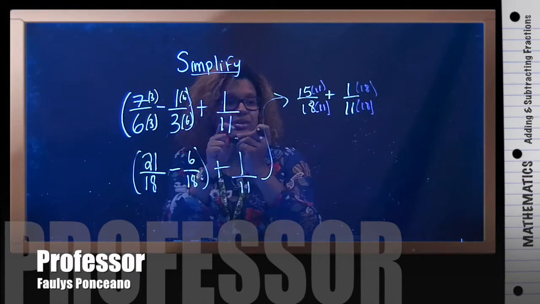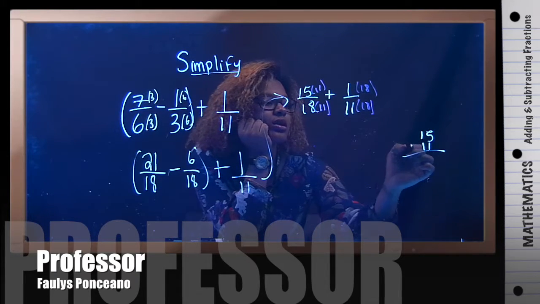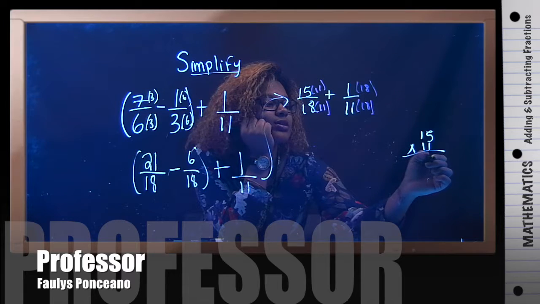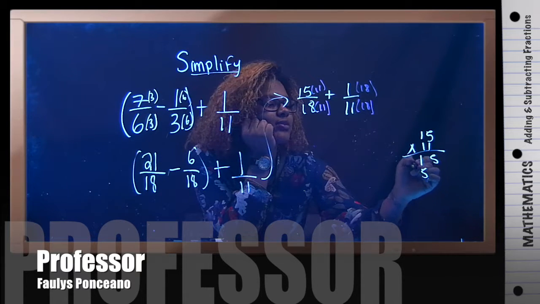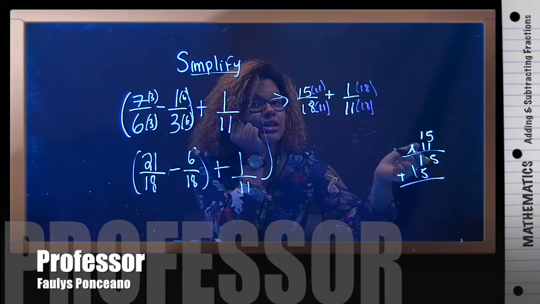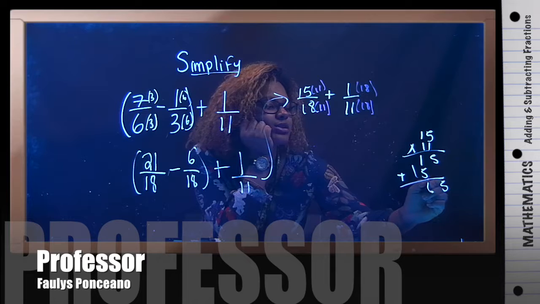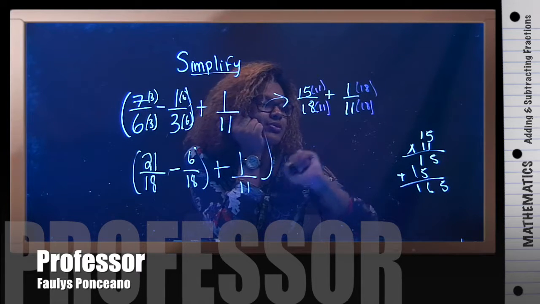Okay? So now I'm just going to go to the side and multiply my 15 times 11. Notice how I'm doing my side work. You want to make sure you're not using a calculator for these examples. That gives 165.